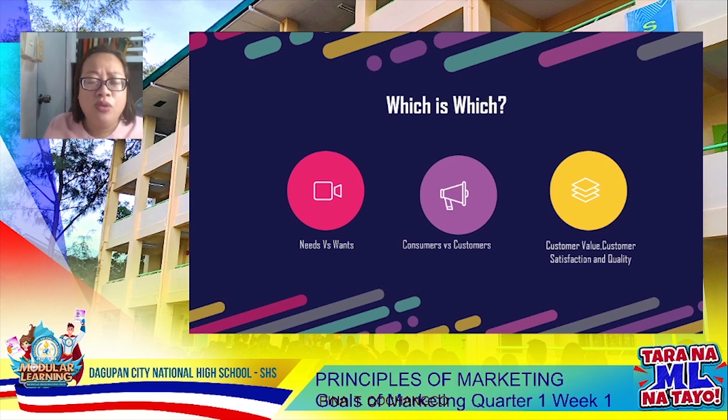Next concept in marketing is customer satisfaction. What are our expectations of a product? If you purchase your favorite sneakers, you are expecting them to be aesthetically beautiful or comfortable for your feet. So what is customer satisfaction? It is the difference between the expectations of the consumer or customer and the actual or perceived performance of the product.